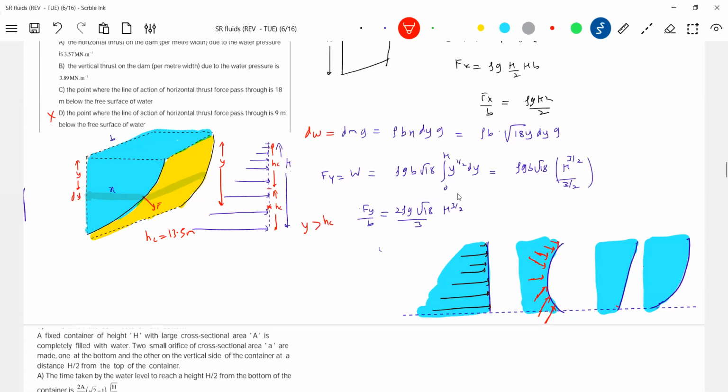So here also the same thing. What about here? Here also the condition is the same. The liquid exerts force normally.